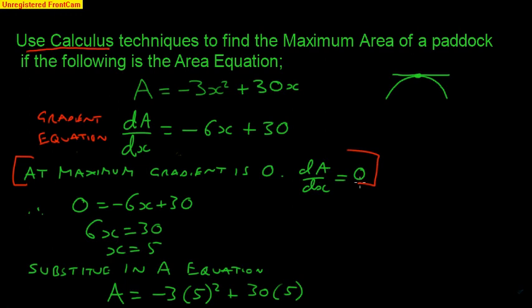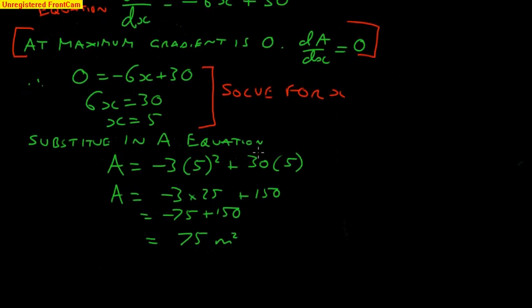That is your gradient equation equals 0. Then you get your gradient equation equal to 0, and you have to solve that for x. And then finally, once you've got your x, you substitute in your equation to find your maximum value of whatever it is you're talking about. Okay, that's the method.